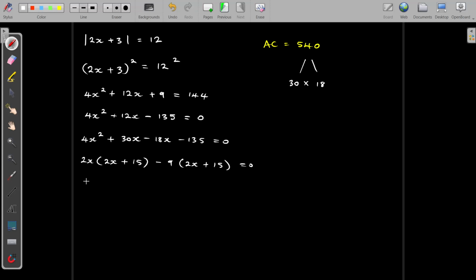So 2x minus 9 and 2x plus 15. So therefore x is equal to 9 over 2 and x is equal to negative 15 over 2. And those would be your two solutions.